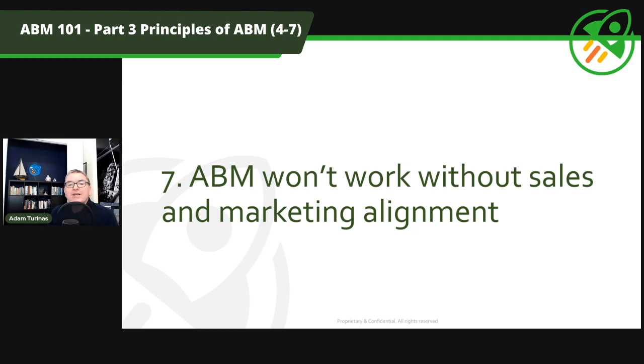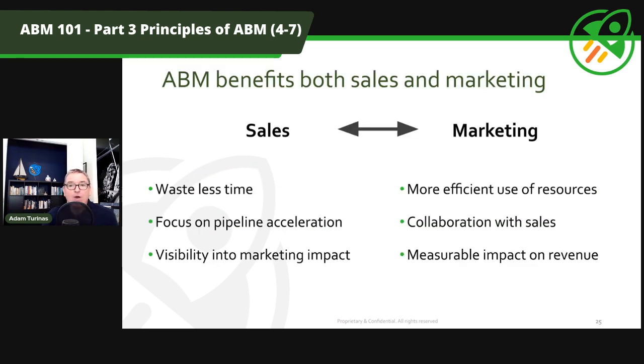Okay, last ABM principle, and that is, anybody you ask is going to tell you ABM won't work without sales and marketing alignment. When ABM works, both sales and marketing benefit equally from it. Sales find they're wasting less time on bad opportunities because they're working on better qualified opportunities that are in market.